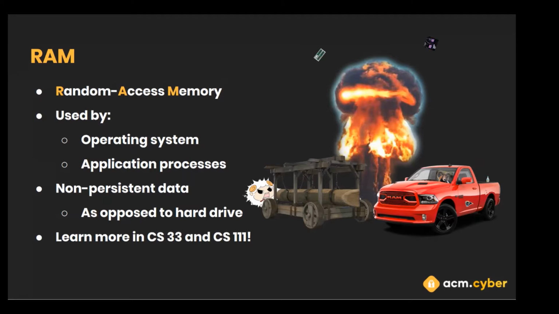What separates RAM from your normal data storage, like a hard disk, is that RAM is used for non-persistent data. Non-persistent in the way that as soon as you reboot a computer, you turn it off and turn it back on, none of your RAM data is stored.